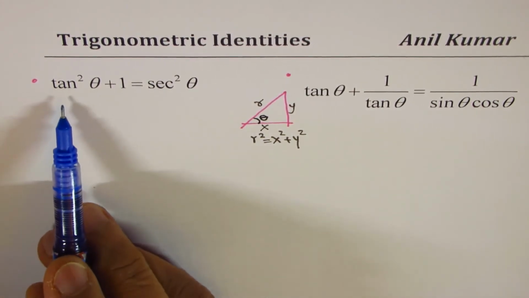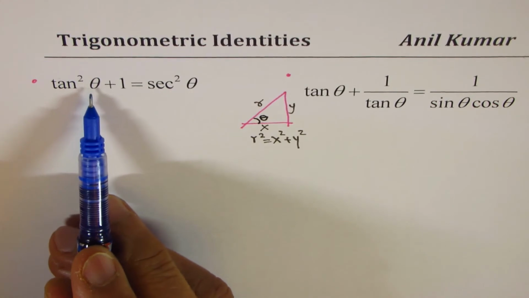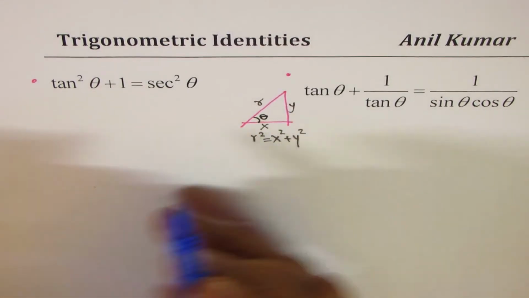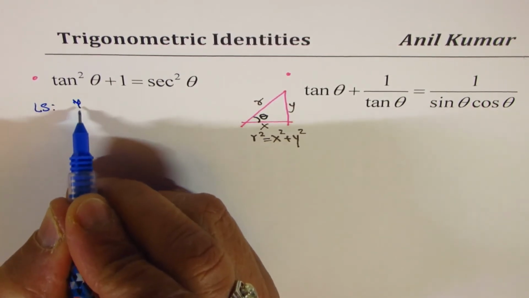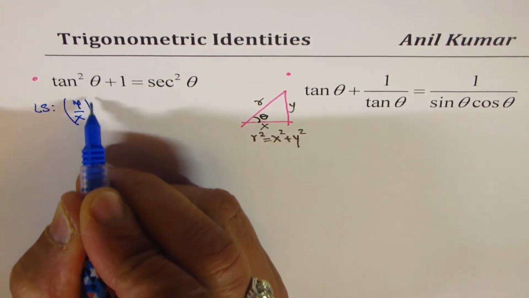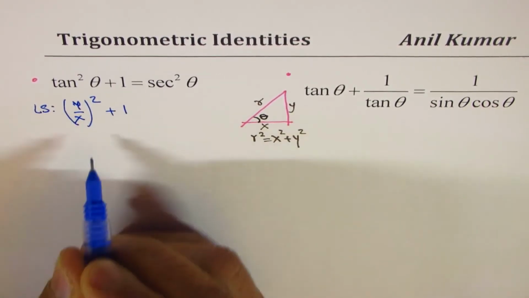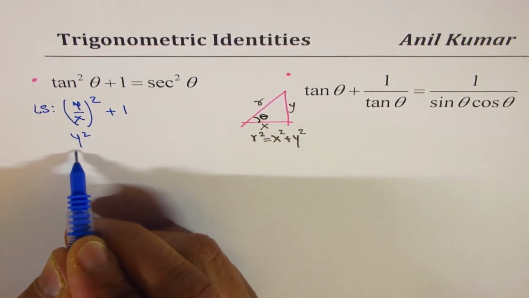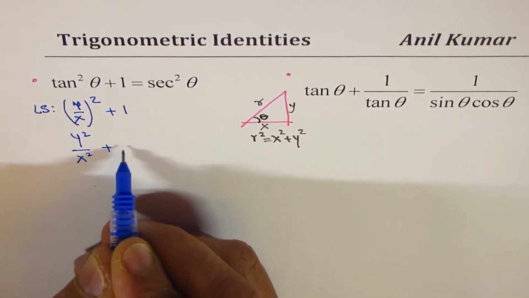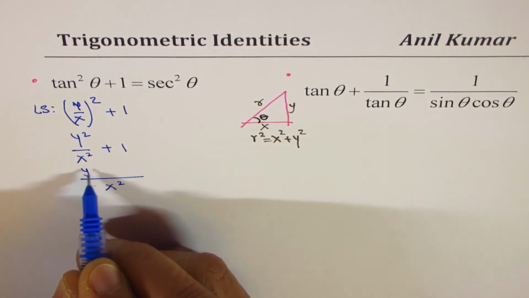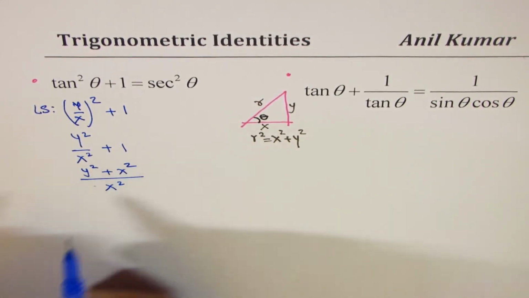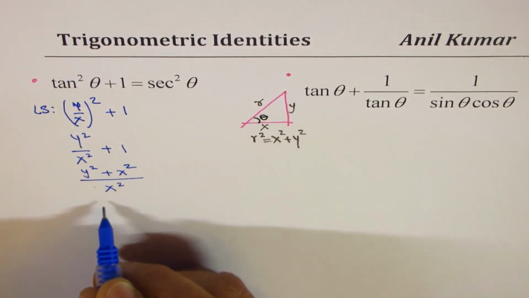So let's begin with the first one, which is tan squared theta. Tan is y over x, so we can begin with the left side. So we say y over x whole squared. That is tan squared theta plus 1. So that is y squared over x squared plus 1. We can take a common denominator of x squared. So we get y squared plus x squared. Now y squared plus x squared is r squared.